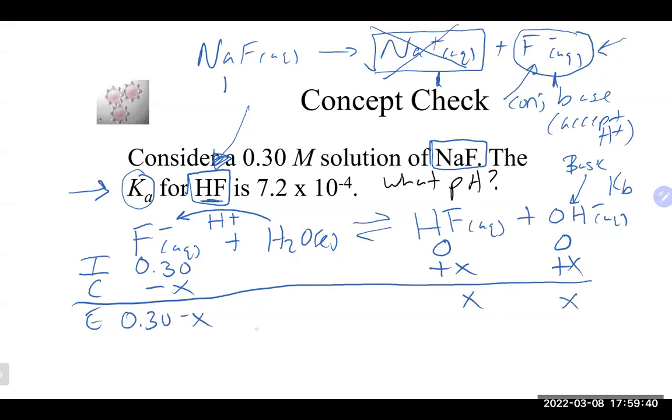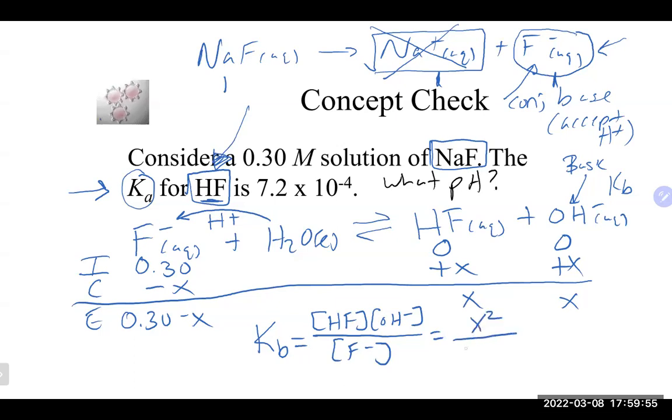This again would go into our Kb value, as you correctly said there, and that would be our HF, our OH minus, divided by our F minus, obviously leaving water out like normal. That's going to give us X squared divided by 0.3 minus X. We do need to do that conversion to convert it into the Kb.